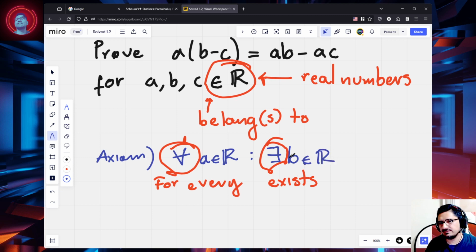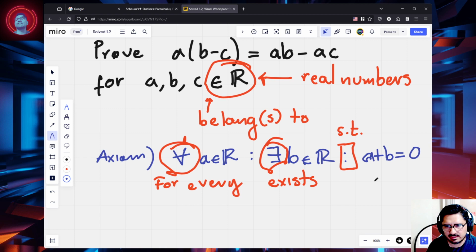Such that. Indeed, this dots right here means such that. And the statement is this one: a plus b equals 0. And this is it. a plus b equals 0.